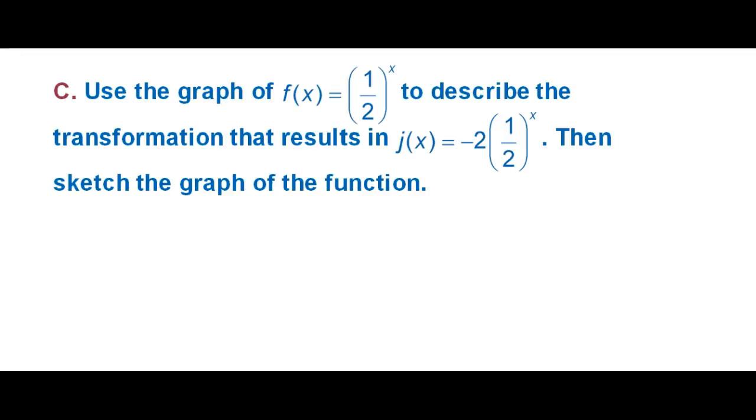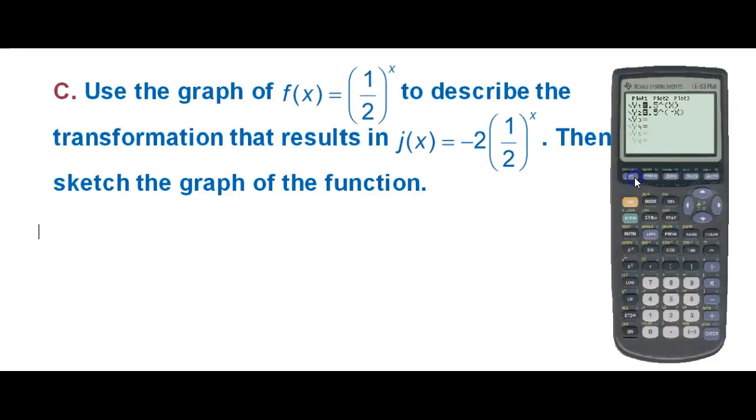And also, that 2 is going to expand it vertically, since it's on the outside and it's a number greater than 1. That's going to cause a vertical expansion. So let's go ahead and bring up the calculator, clear out our other function, and put in -2 times 1/2 to the x power.